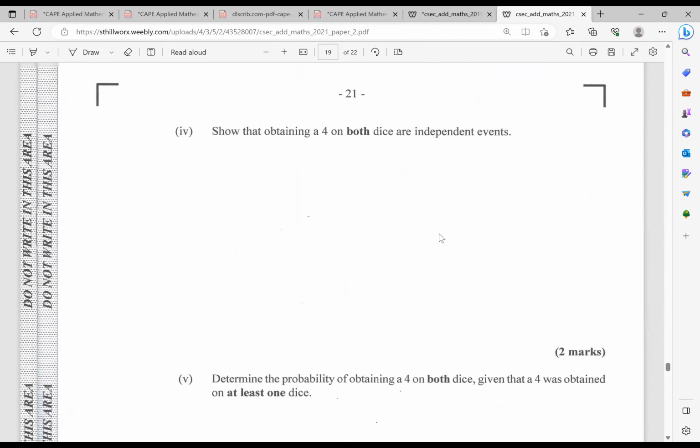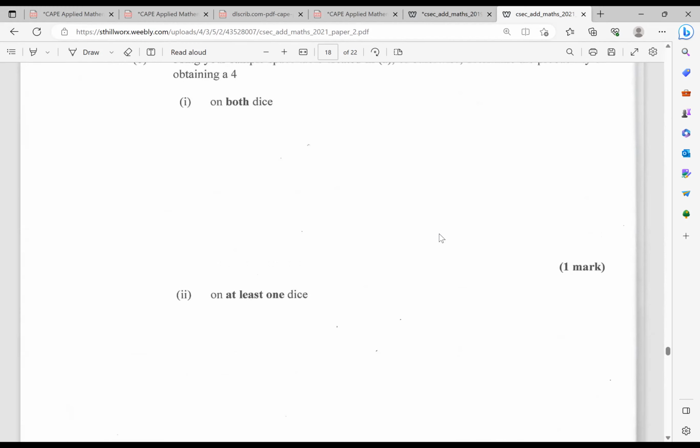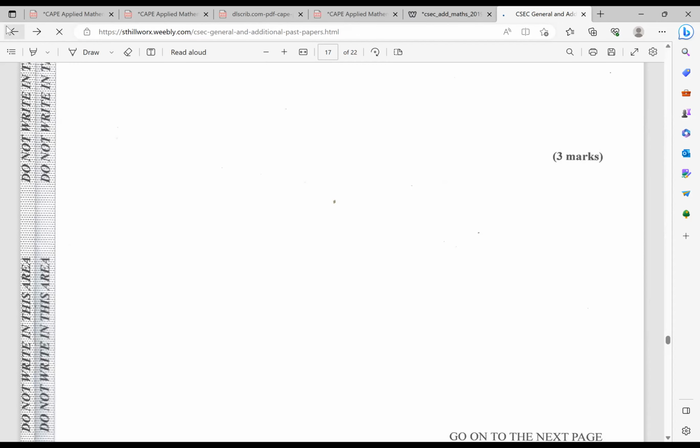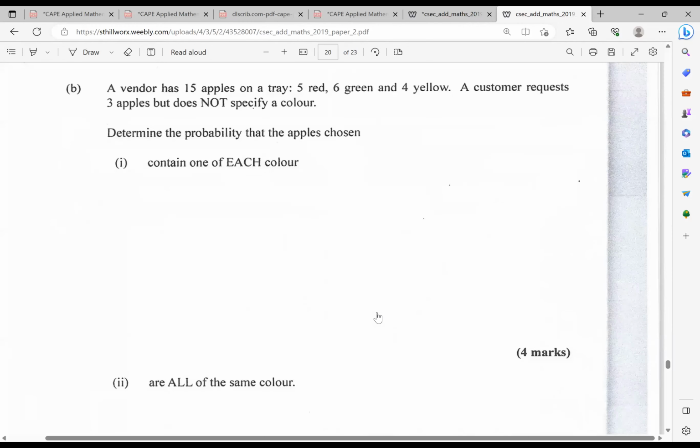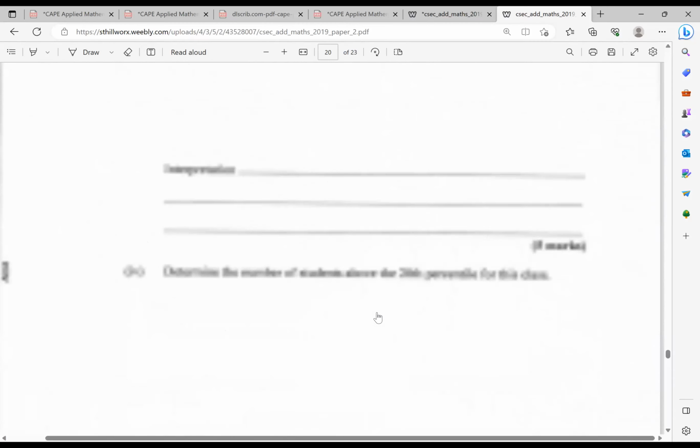Okay, so I have to do notes for this one. No, I'll do sample space after. And this one as well.